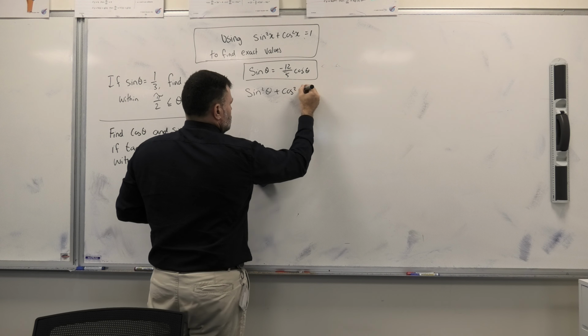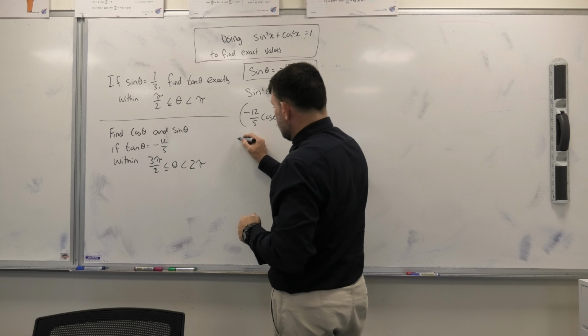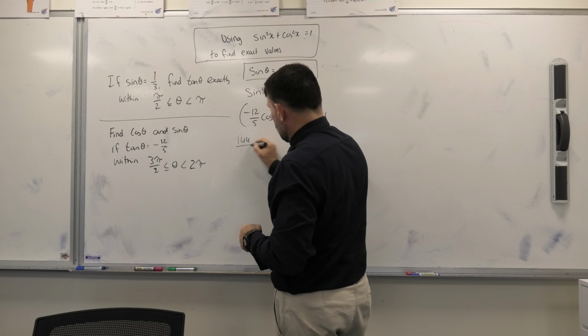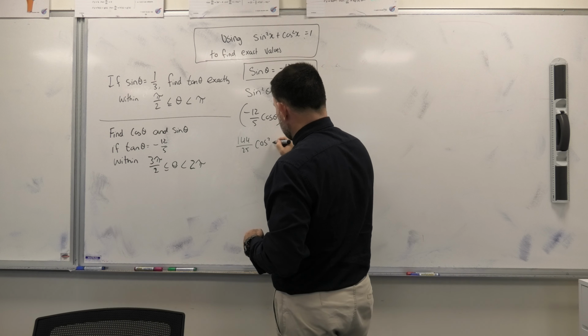So let's now simplify this out. We can use our understanding of this part. If we square all this, we're going to get 144 over 25 cos squared theta plus cos squared theta is equal to 1. Whoa! I've got some like terms here.